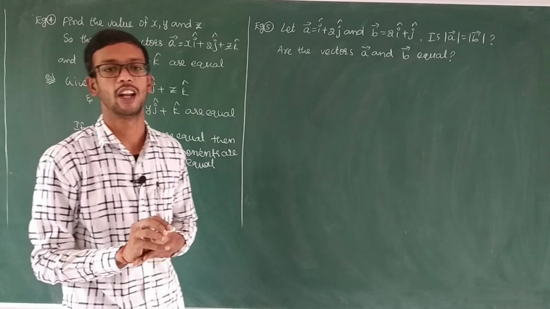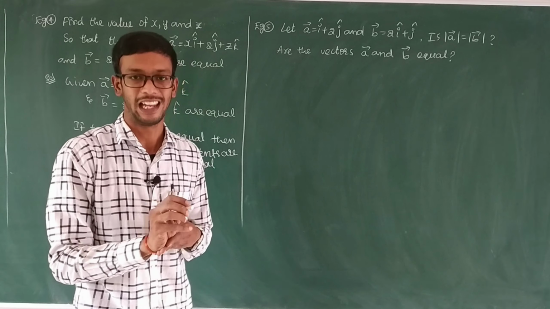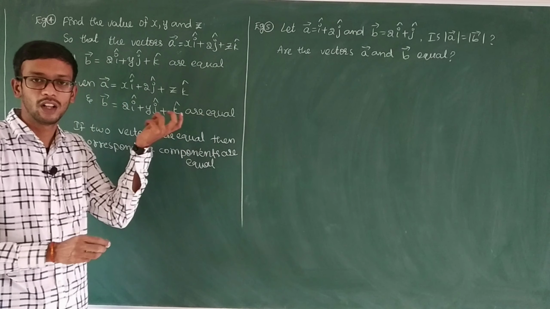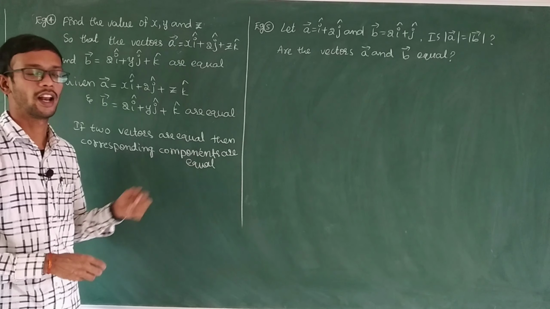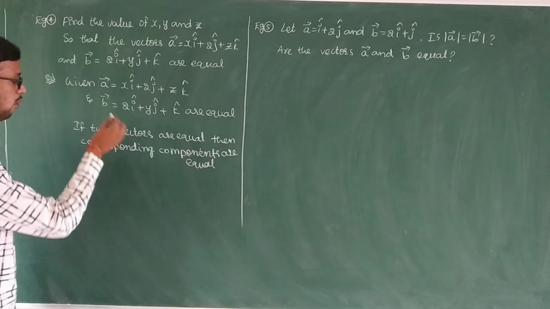Corresponding components are equal, then the two vectors are equal vectors. Here they already mentioned equal. Equal means what? Corresponding components are equal.